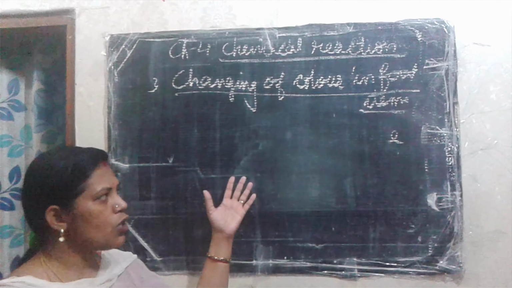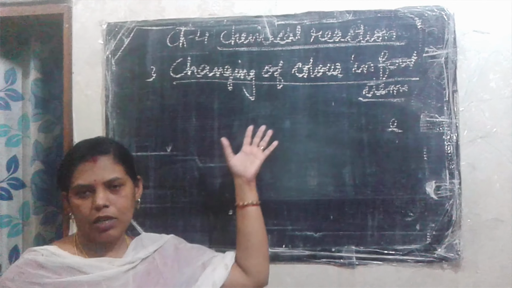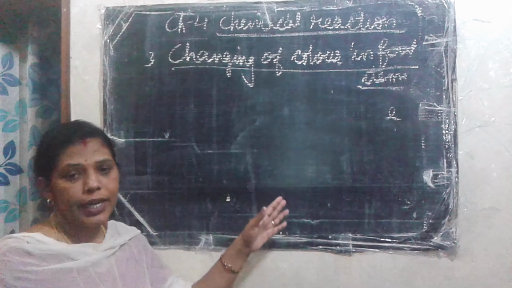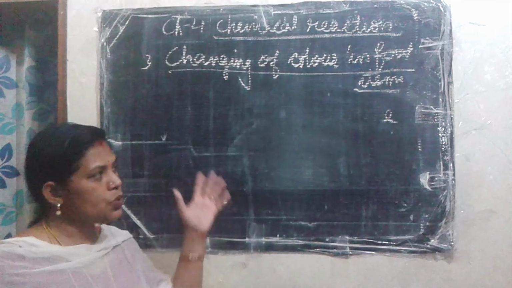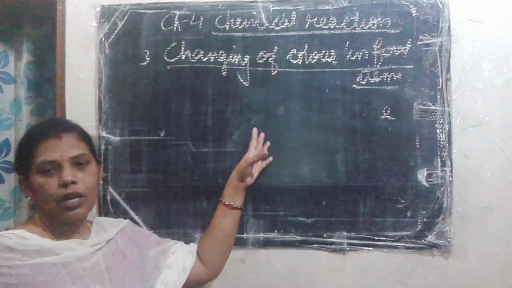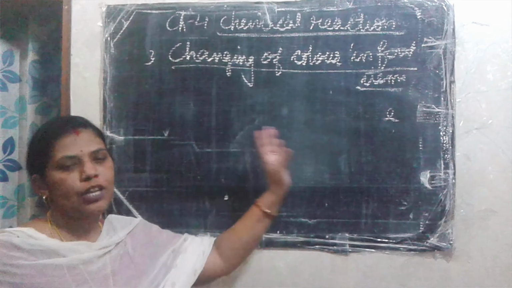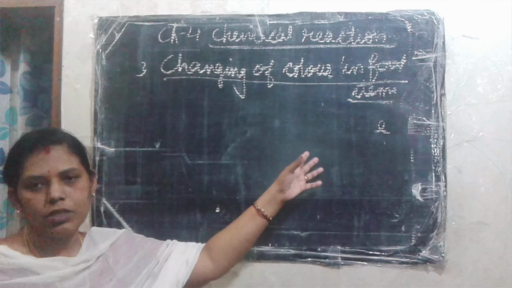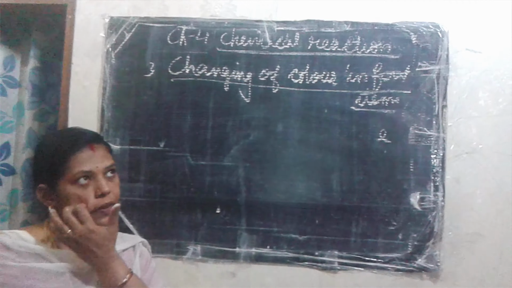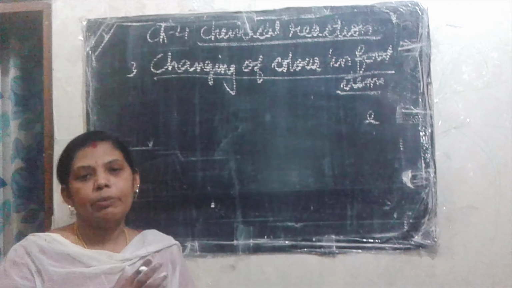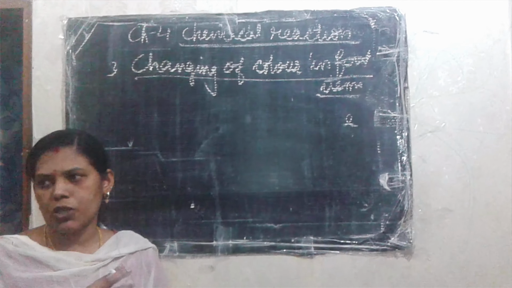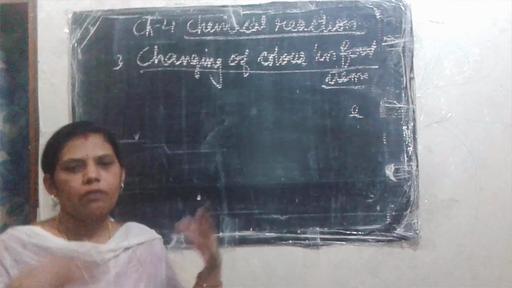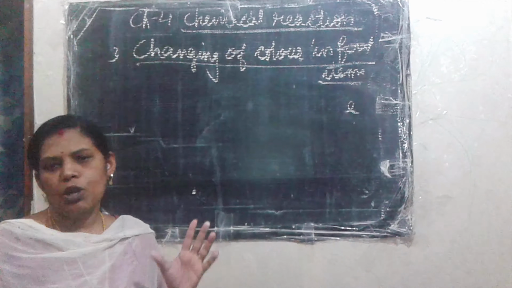How? That is because of the contact with oxygen in the air, and this food item contains iron. When this iron combines with the oxygen in the air forming iron oxide, that formation is the brownish color. In another example, when you cut brinjal and bottle gourd, the inside portion after some time changes into brown in color.